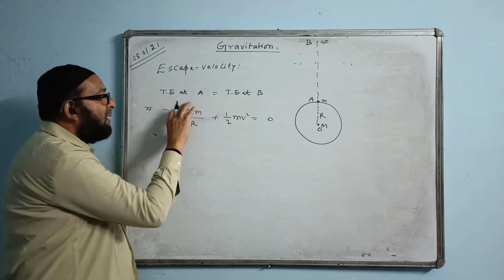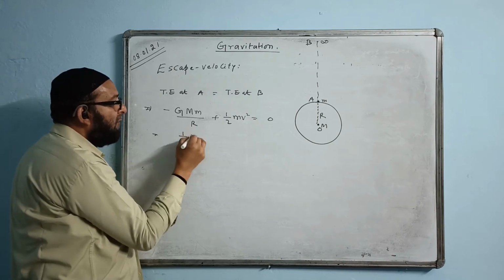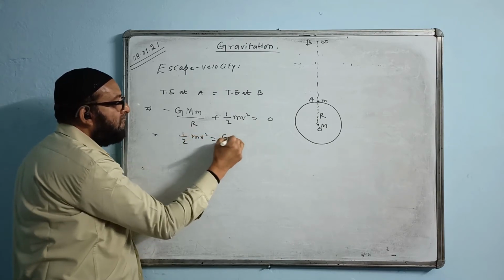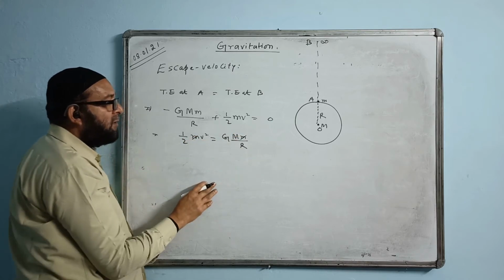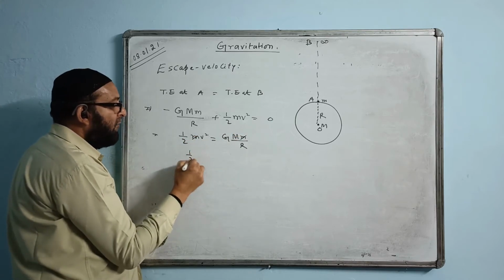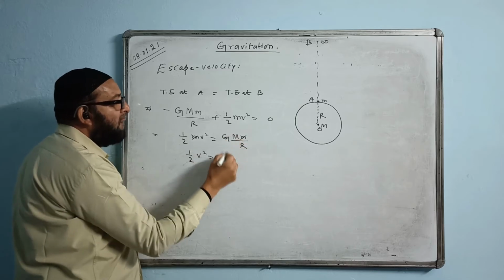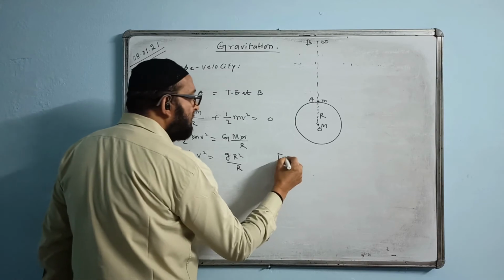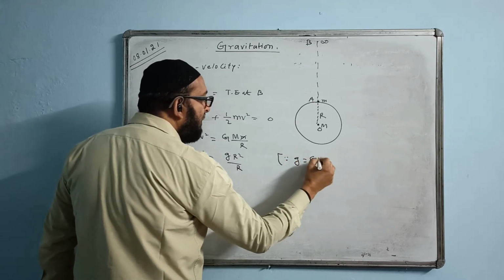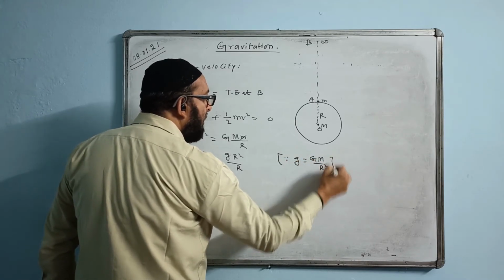So, taking the minus sign to the other side, it will become half mv square is equal to GMm by R. Small m will cancel. Half v square equals GM by R. We write the GM value as gR square, because we know g is equal to GM by R square.